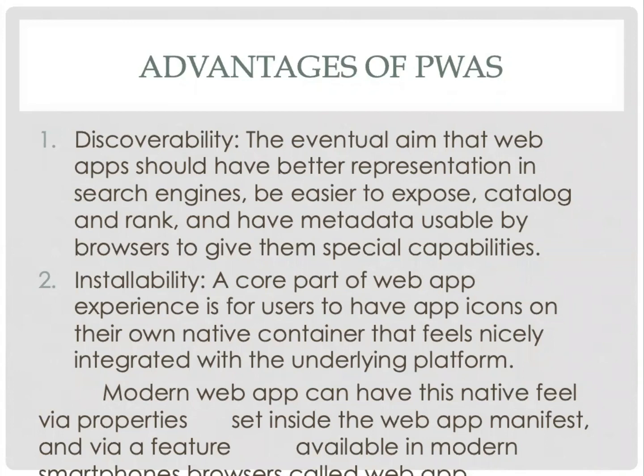Modern web apps can have this native feel via properties set inside the web app manifest and via a feature available in modern smartphone browsers called web apps. So these two advantages, as we have seen, mean installability, that you are able to install your site on your phone, so you can access it the way you access the other apps. But it is also easier to be discovered.